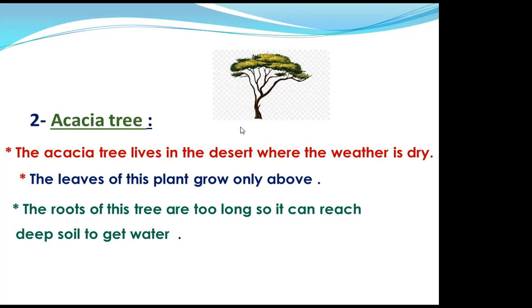The leaves of this plant grow only above to protect them against herbivore animals. Again, the leaves of this plant grow only above to protect them against herbivores, animals that eat plants.